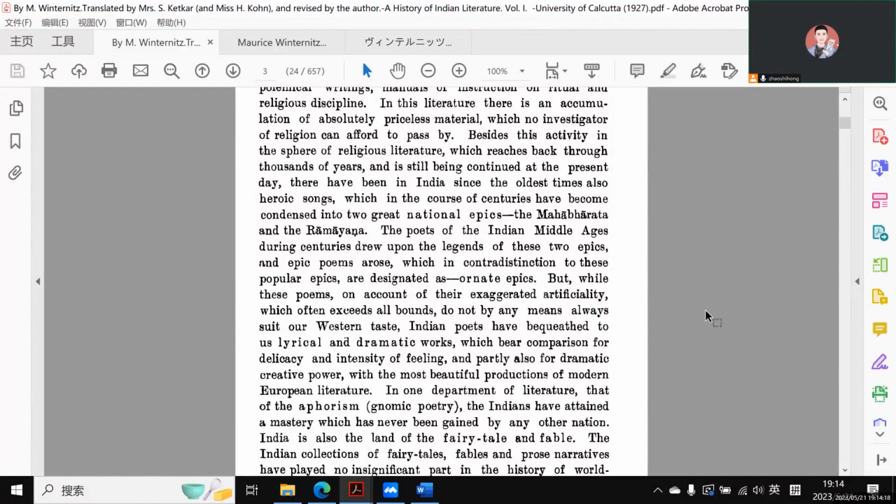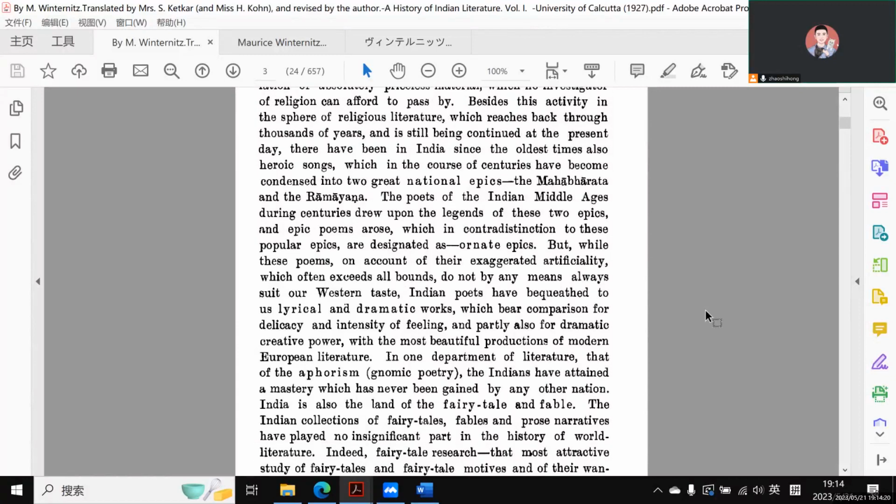Indian poets have bequeathed to us lyrical and dramatic works which bear comparison for delicacy and intensity of feeling, and partly also for dramatic creative power, with the most beautiful productions of modern European literature.